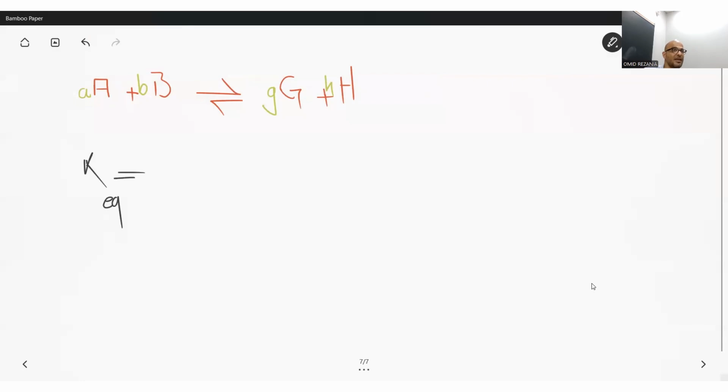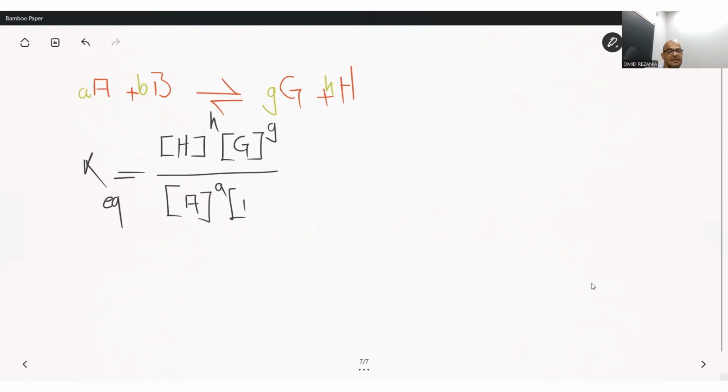This constant, which is temperature dependent, is equal to the product of the products: the concentration of, for example, H, which is not hydrogen but a symbol for one of the products, to the power of h, times the concentration of G to the power of g, the stoichiometric coefficient, divided by the product of the reactants, the concentration of A to the power of a, and the concentration of B to the power of b.